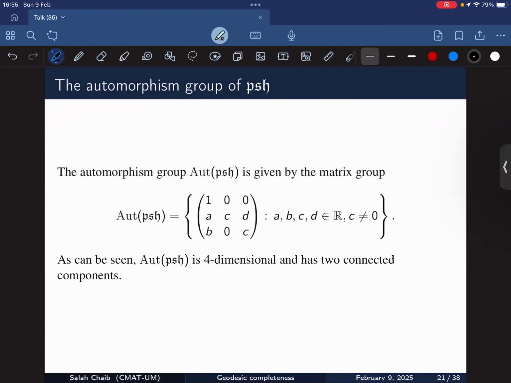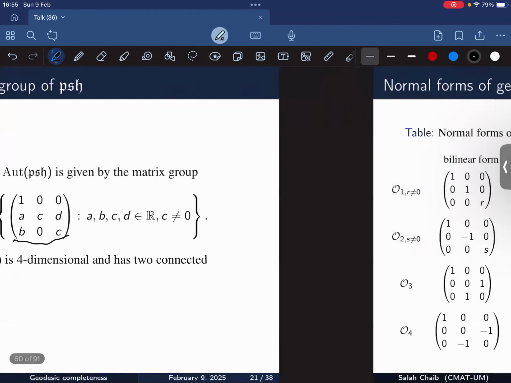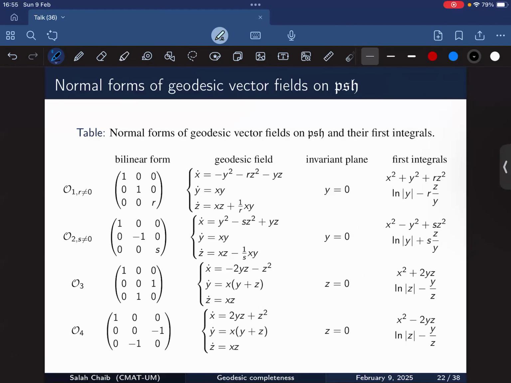We can notice that this is a 4-dimensional group, and it has 2 connected components. I will recall again what we did. We take Sym star, which consists of all bilinear maps which are symmetric and non-degenerate.